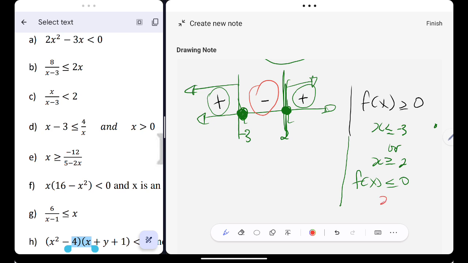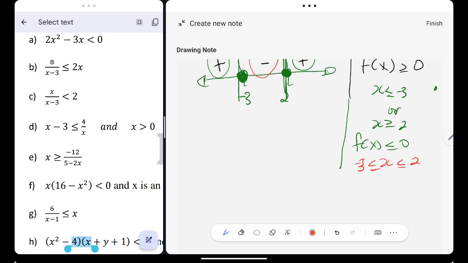So I can simply say when x is between these 2 points, but they are also included. So by reading it properly, you must say x is anywhere from -3 to +2. Are we together?